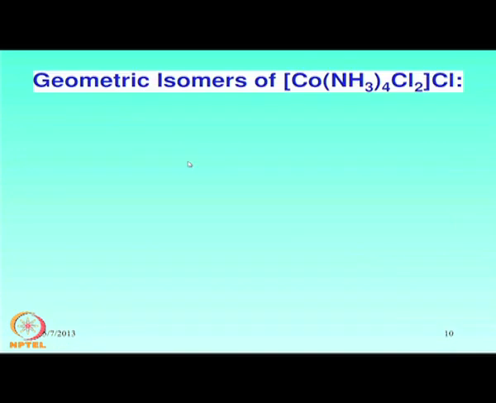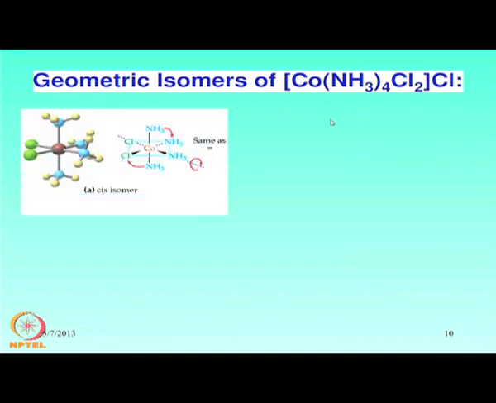So, what we see therefore, in case of octahedral compounds, is that starting from this square planar compound, if we go for the corresponding octahedral compound, we will get the corresponding symmetry where we have the cis isomer.